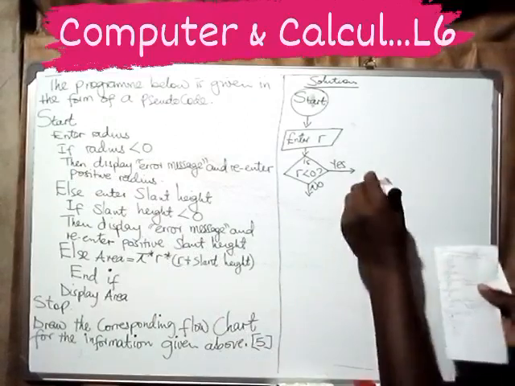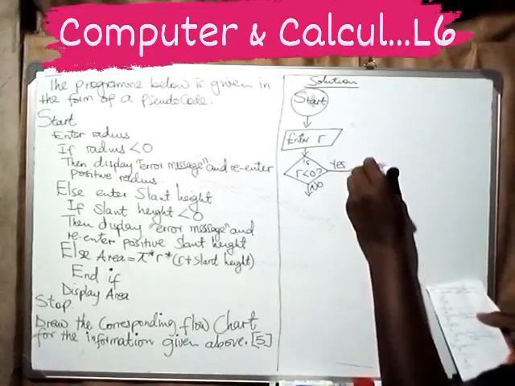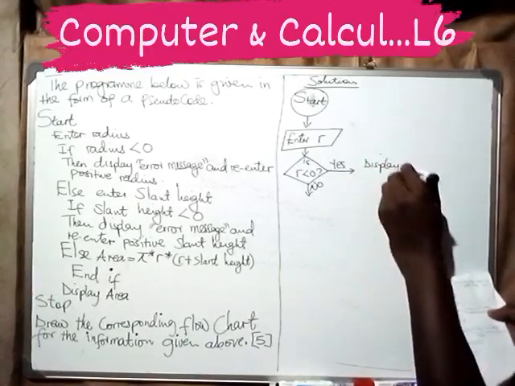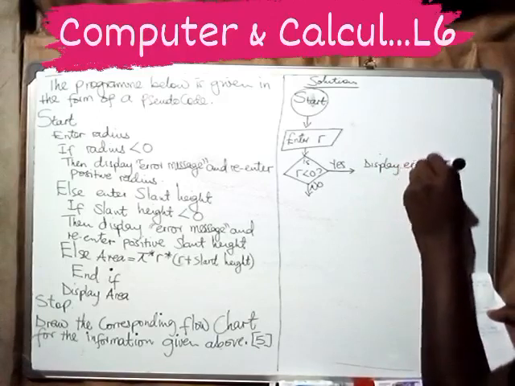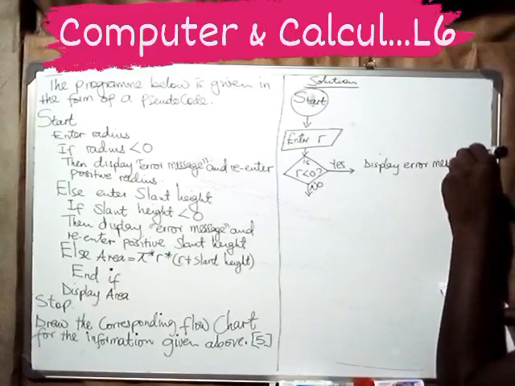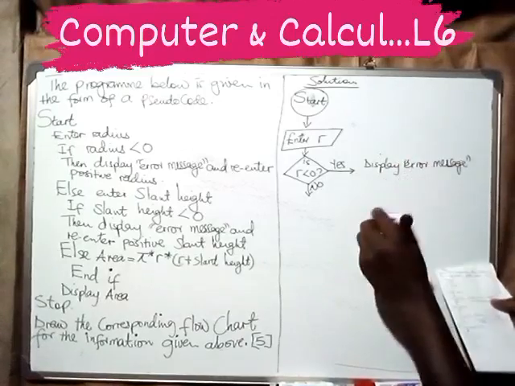So if you say yes, meaning you have to display an error message, because radius can't be less than 0. It has to be greater than 0.